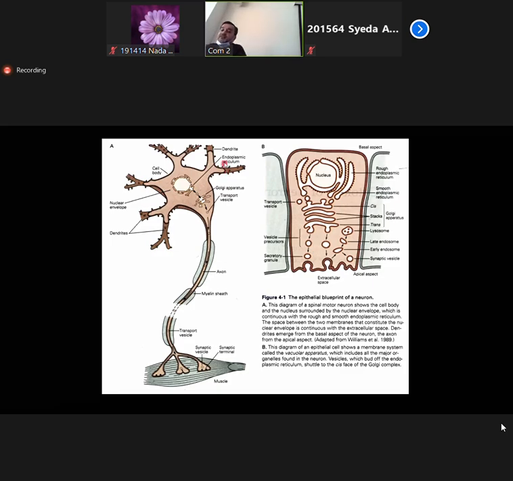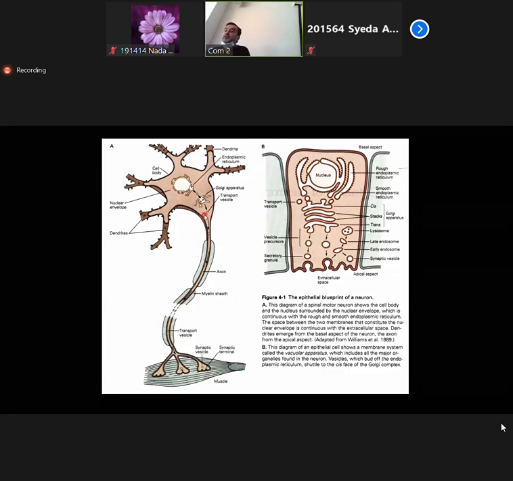And dendrites receive synapses or neurites from other neurons, and that's why you can see on the top of the dendrites there are dendritic spines where there is synapse from axons of the other neurons.